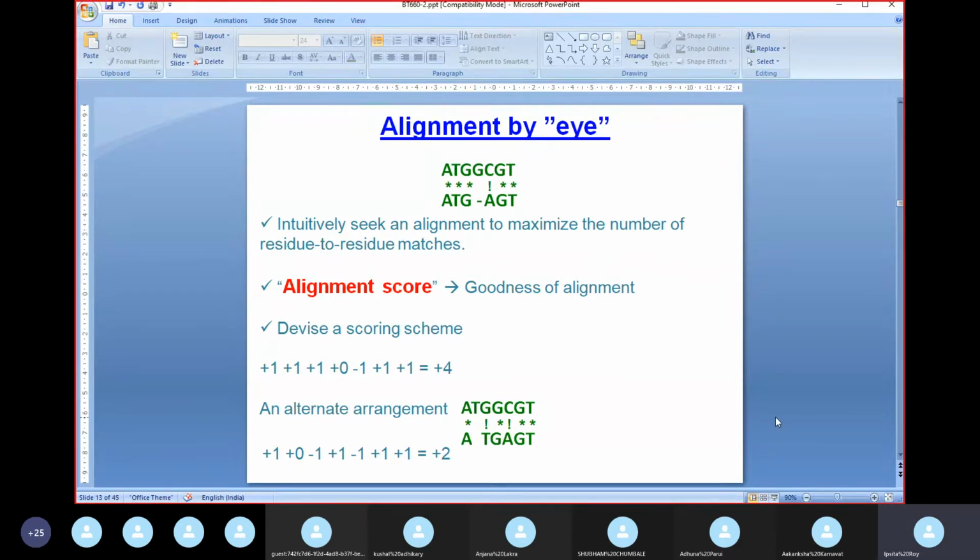Now, for shorter sequences, it is possible that I just do it by myself, just by looking at the sequences. For longer sequences, it is not possible to do it this way because I may have multiple possibilities. This is one possibility, this is a second possibility. I'm also talking of longer sequences, right? There may be other possibilities as well. So then you come up with algorithms which are able to carry out this kind of alignment, and then they will give you scores.